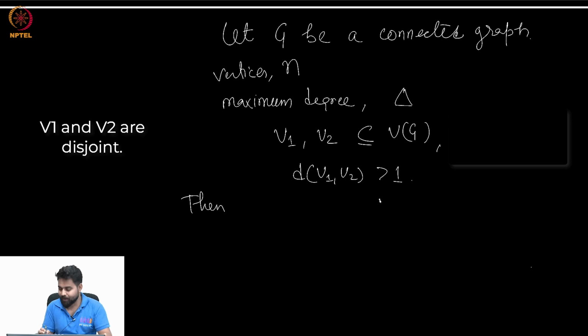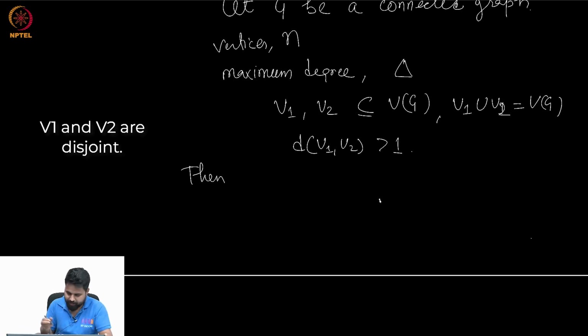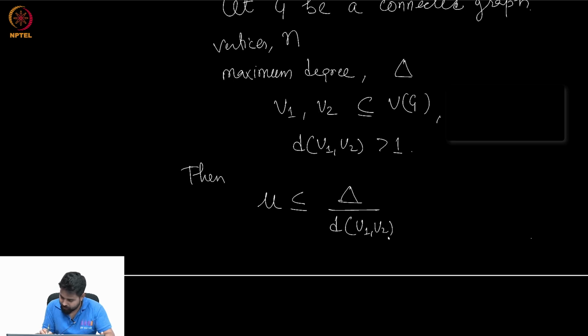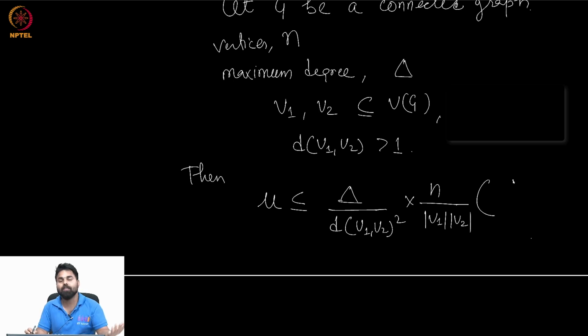In that case we will prove that, so let me go to the next page. The algebraic connectivity is always less or equal to the maximum degree divided by the distance squared as usual, and then times n divided by the size of these vertex subsets, and then the number of edges other than the number of edges in G1 and G2.